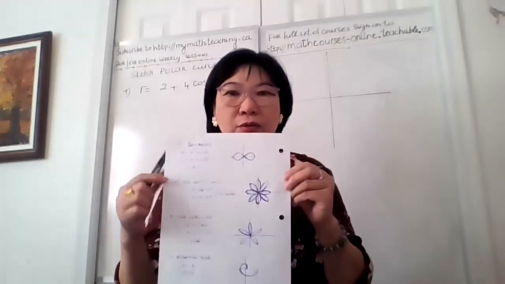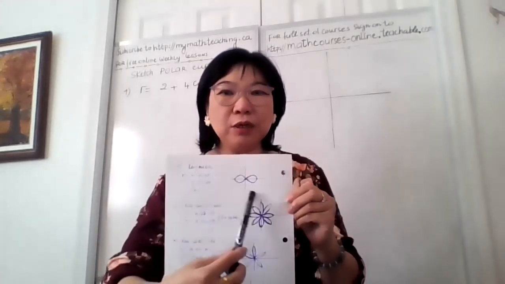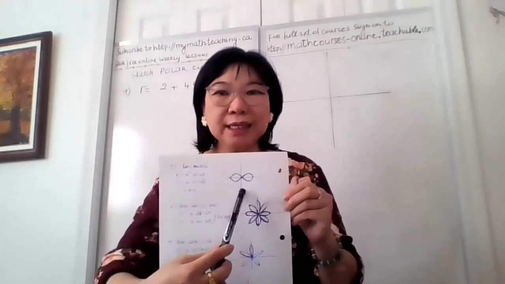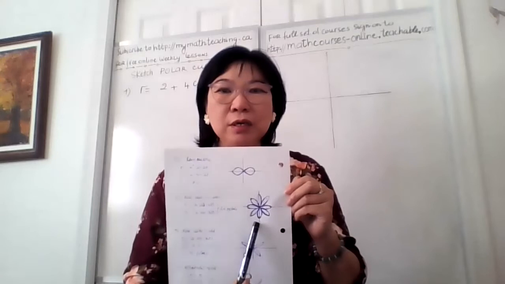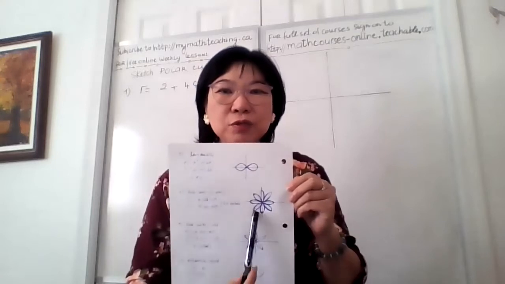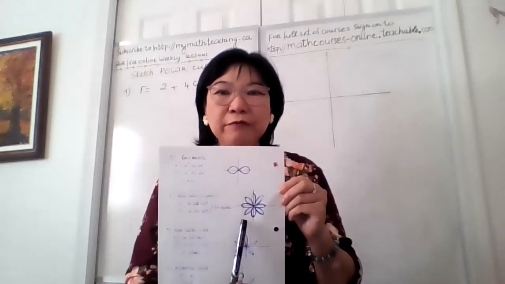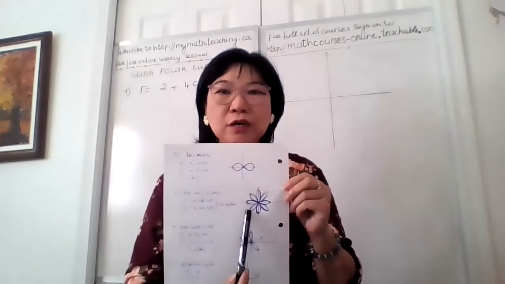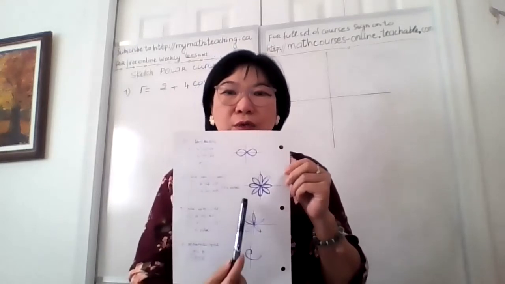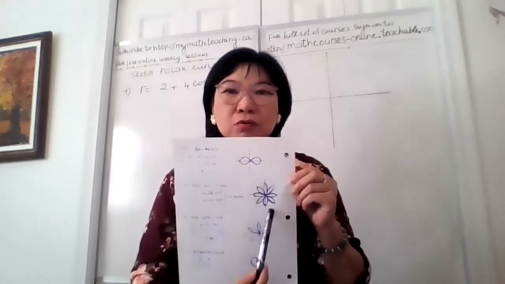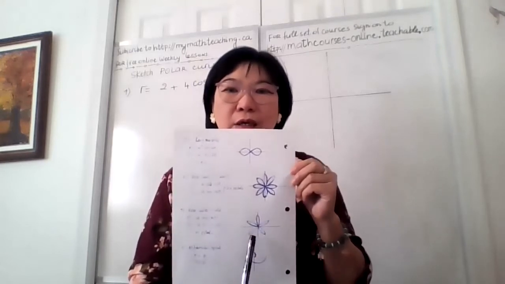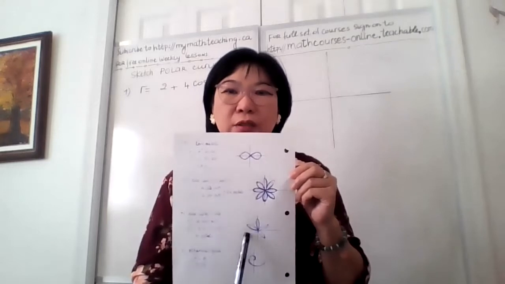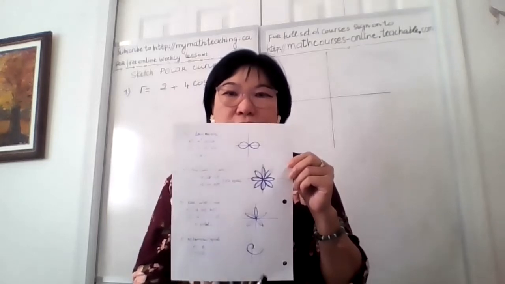On the back, you can see this one we call a lemniscate. And down here, look at this rose. We call it a rose because it looks like a flower, so we call it a rose curve. You can have an even rose curve with even petals, and a rose curve with odd petals.